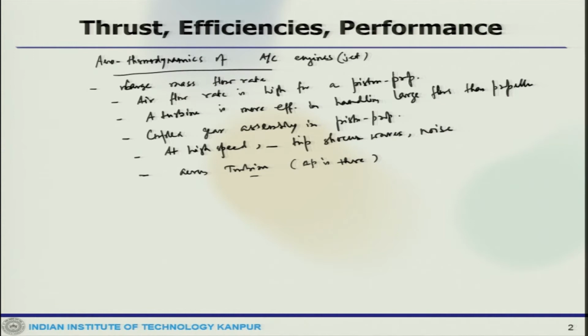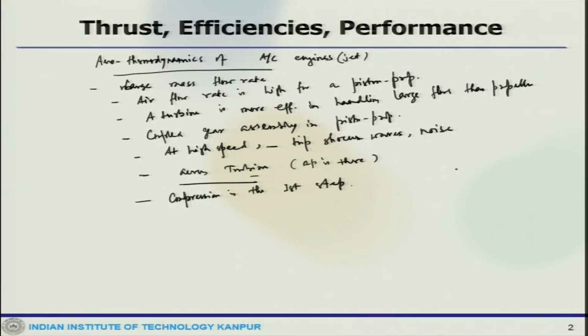Therefore, the first necessary step in a gas turbine cycle is the compression of the working fluid. So, one can see compression is the first step, and that is what happens when you look at the total sequence of processes.